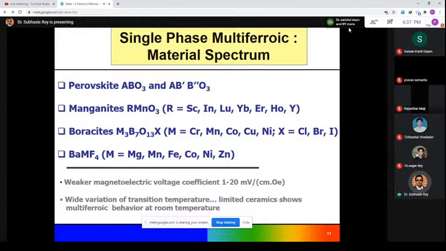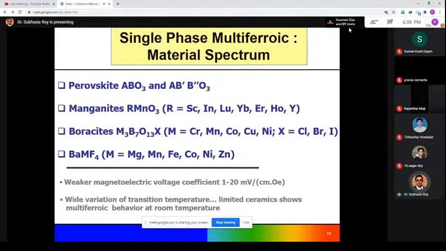But if you replace this device with these multiferroic materials, then the power consumption will be very low. So it is one of the material synthesis processes and applications for low power consumption device materials.